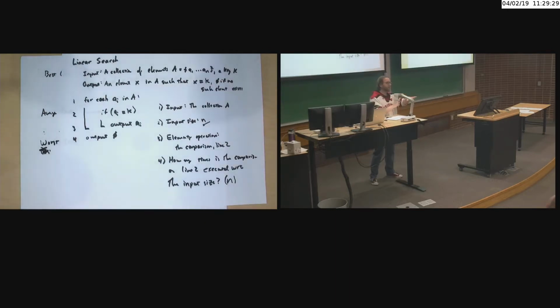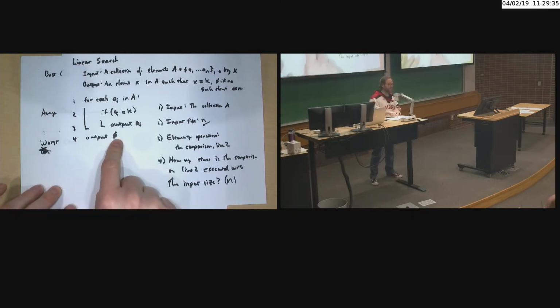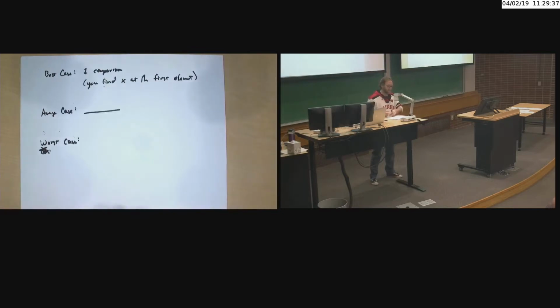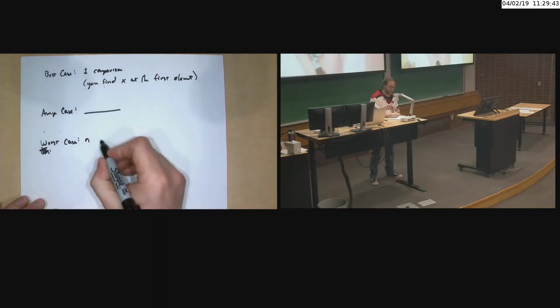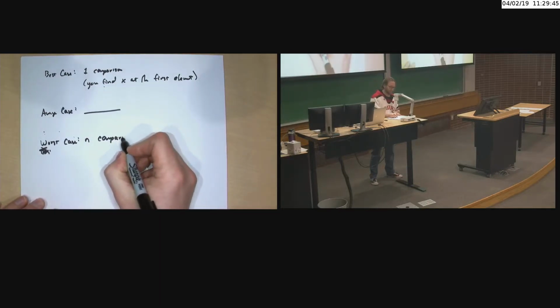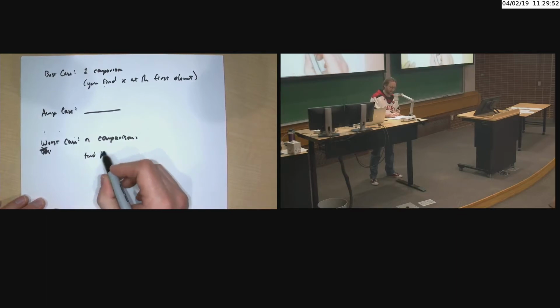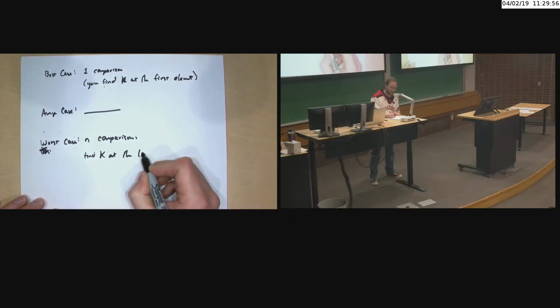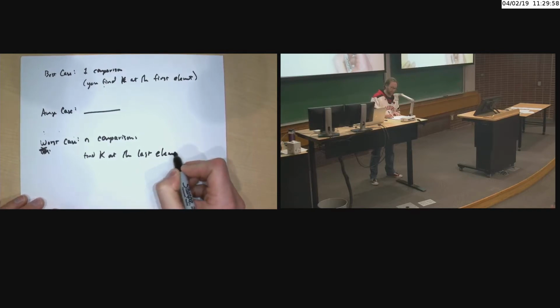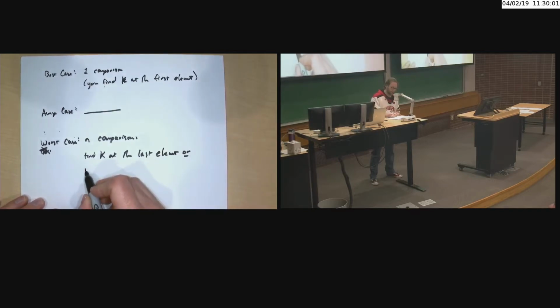Oh, you get unlucky. It's the very last one, or it results in an unsuccessful search. So in the worst case scenario, how many comparisons did I end up making? n comparisons, which is when you find x or k, these are keys, at the last element, or an unsuccessful search.